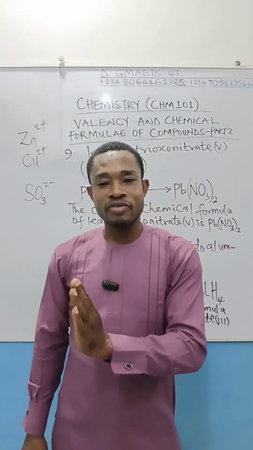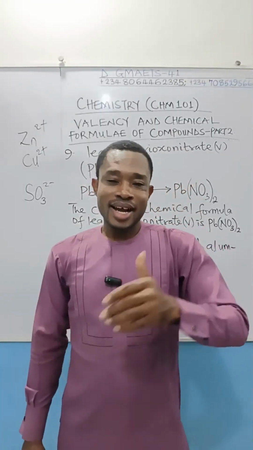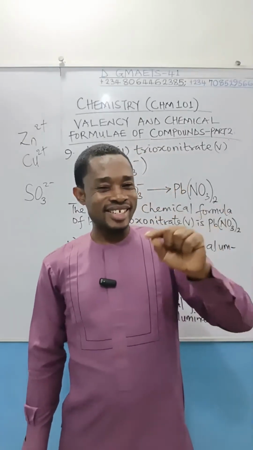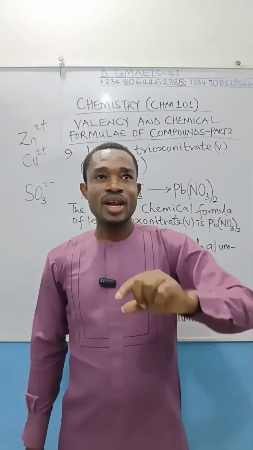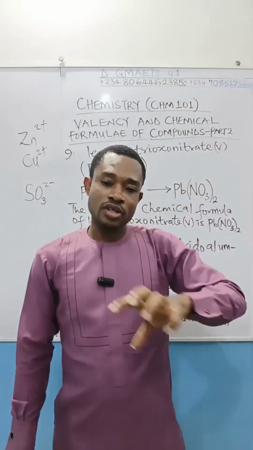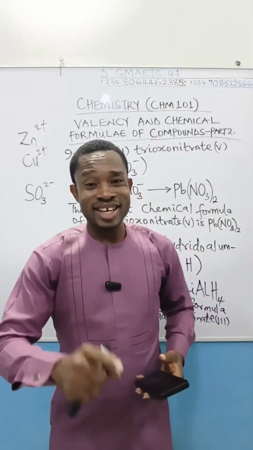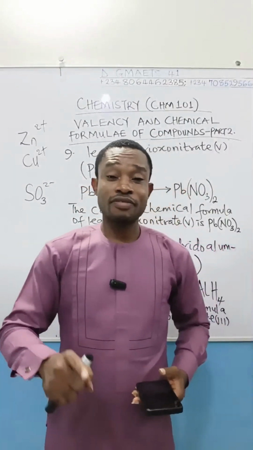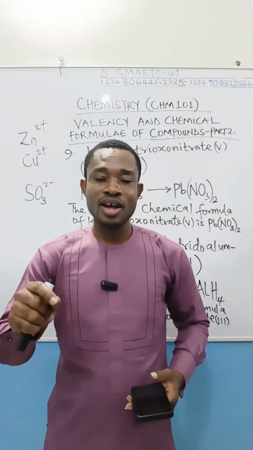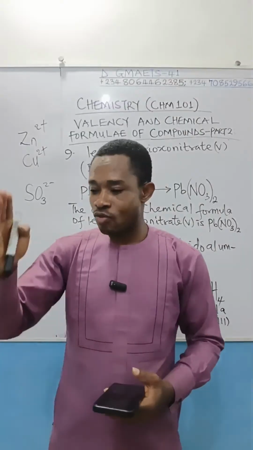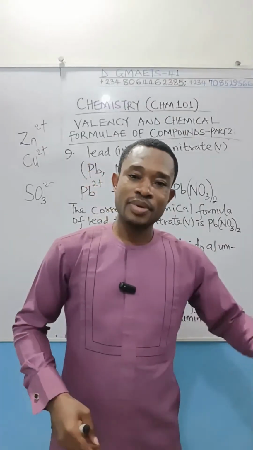Calculating the oxidation number of an element in a compound and in a radical, as well as how to calculate the overall oxidation number of radicals. You wouldn't want to miss that class, because if you miss it, it will still have an adverse effect on you. This is just like a chain where if one link is cut, the others are affected.